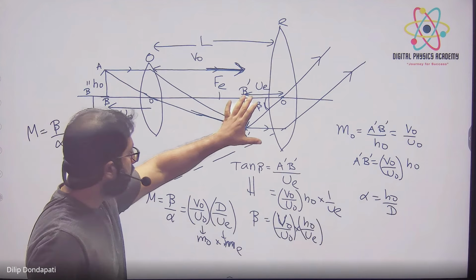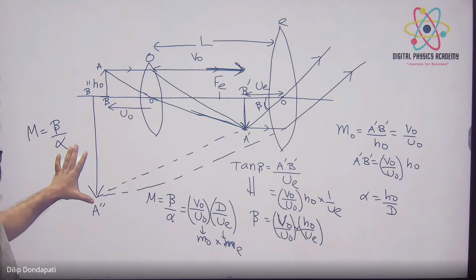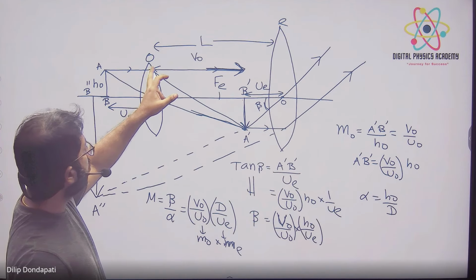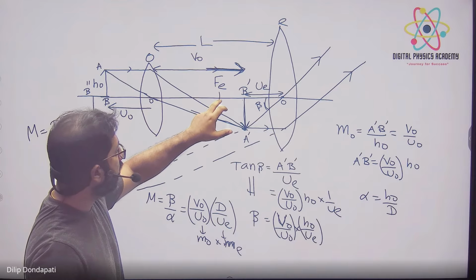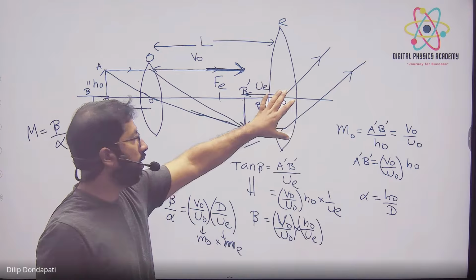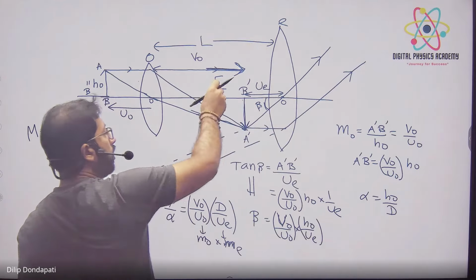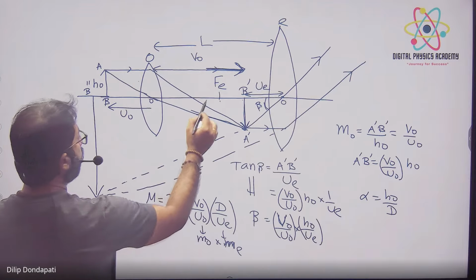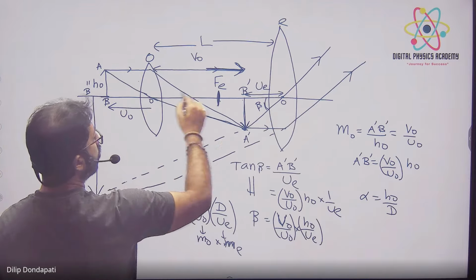See, the final image is formed at infinity. If the final image is formed at infinity, the intermediate image should be formed at the focus only, that is, it should fall on the focus of the eyepiece, then only the final image is formed at infinity, right? So if it is formed at the focus, what will be the length of the microscope?